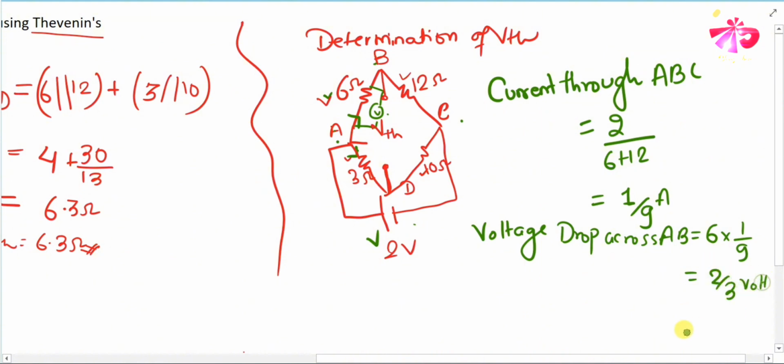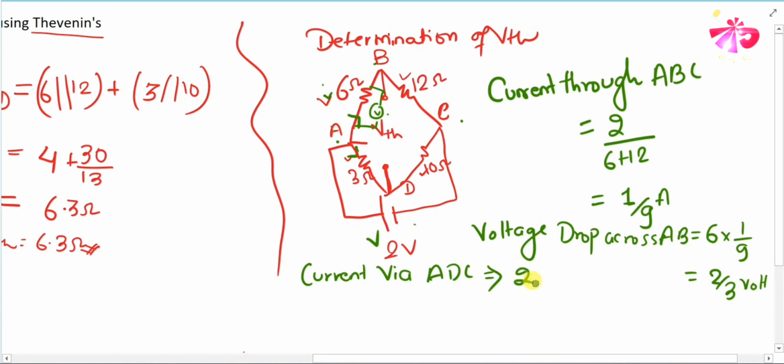Once you have identified this voltage, your next task is to identify the current flowing through this branch, current flowing through ADC. Similar concept, this is also in parallel with the 2 volt source.